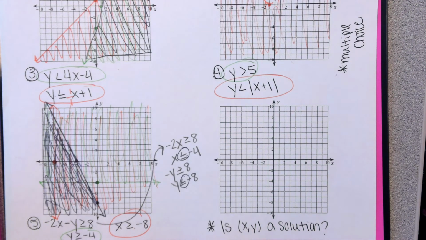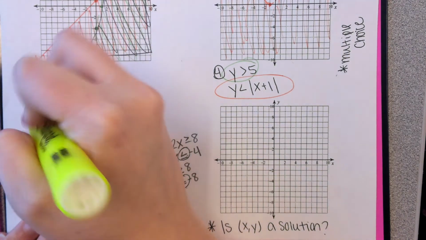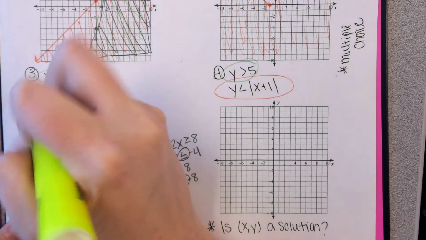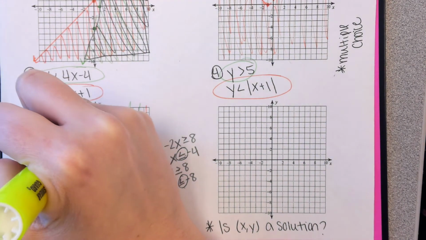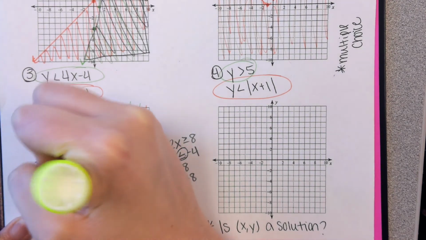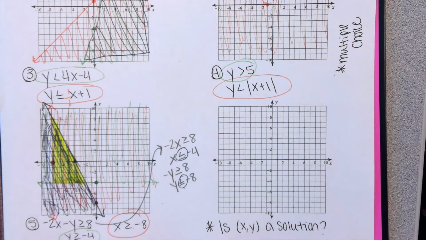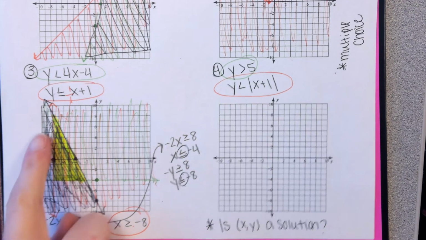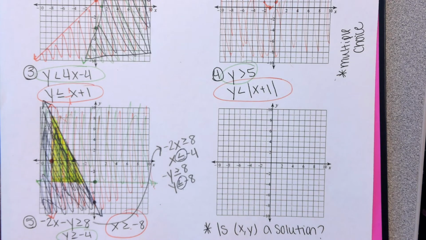This one's a little bit different, so you're looking for the place where all three colors overlapped. And so let me get a different color. Let me use a highlighter here. So if you look, all three colors are overlapping in this triangle. So in Math Excel, your multiple choice question, you would pick the one that has this inside triangle shaded.